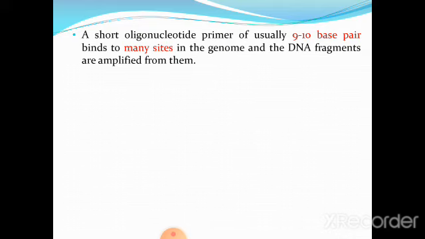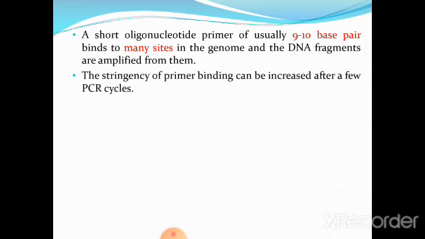So a short oligonucleotide primer of usually 9 to 10 bases binds to many sites in the genome, and the DNA fragments are amplified from them. Then the stringency of primer binding can be increased after a few PCR cycles, but initially in RAPD you have to keep stringency a little lower, and that is done by keeping a higher concentration of magnesium ions.